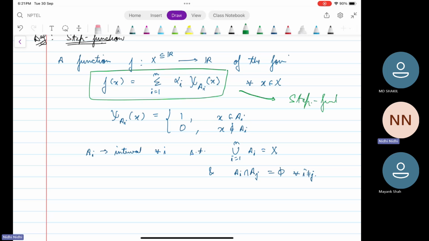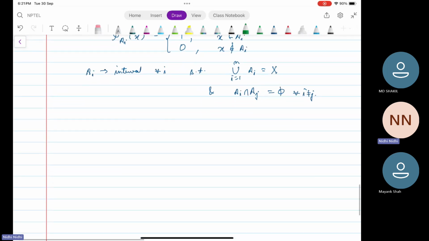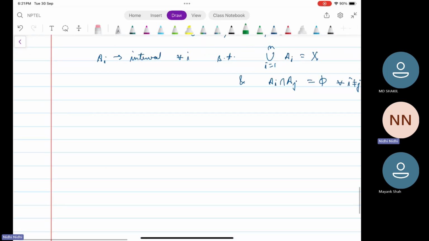So we define the Lebesgue integral over this step function. We define the integral over X of f, and we write it as d mu, or we can write dx as well. dx implies the Lebesgue integral.